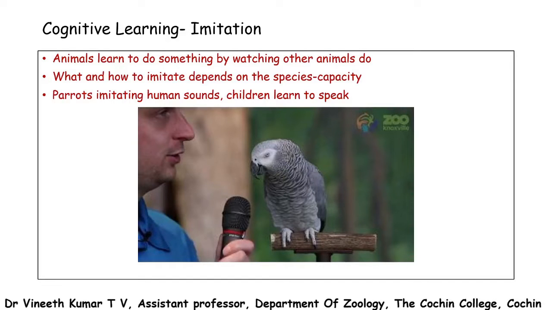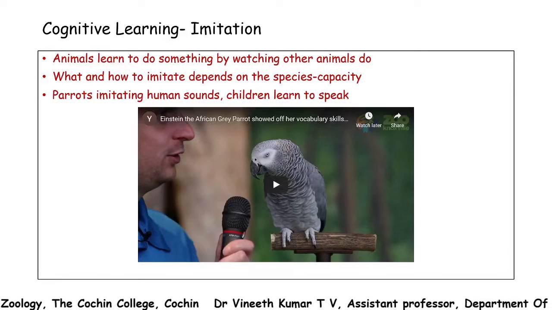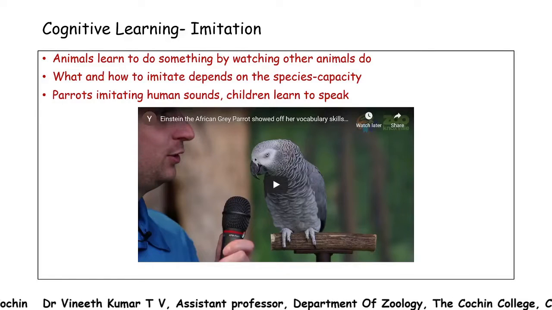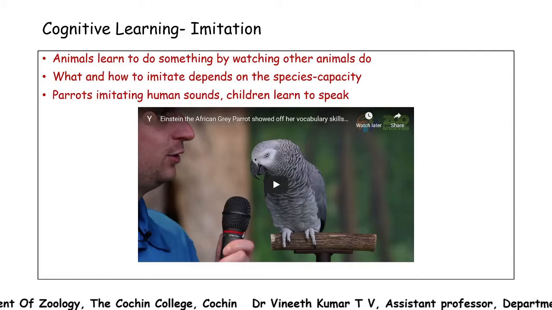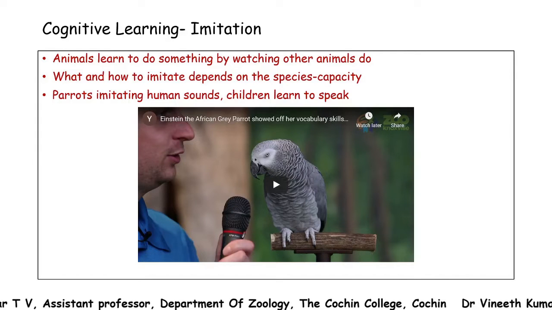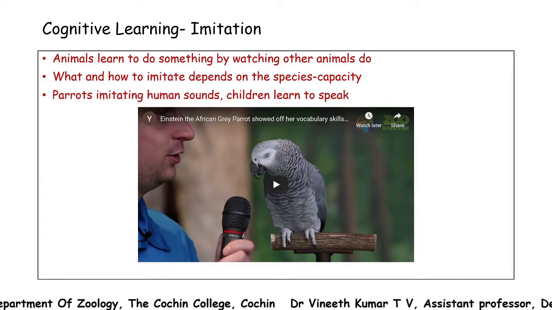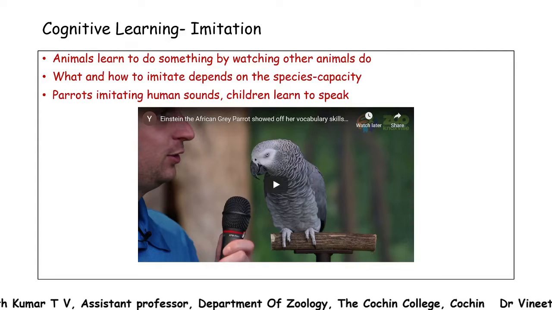Animals learn to do something by watching other animals do it, and this is what is called imitation. What and how to imitate depends on the species' capacity. Parrots imitating human sounds and children learning to speak, etc., are examples of imitation.